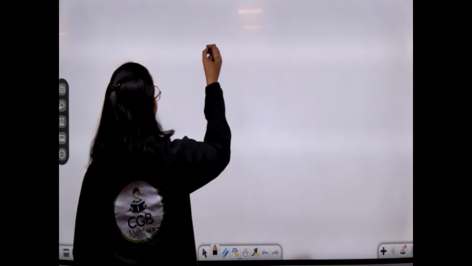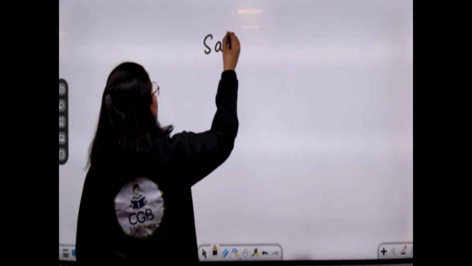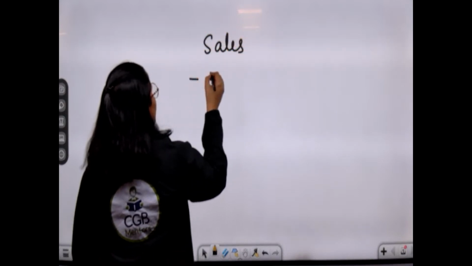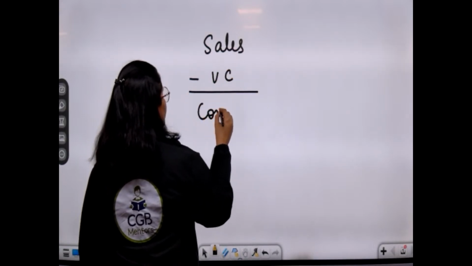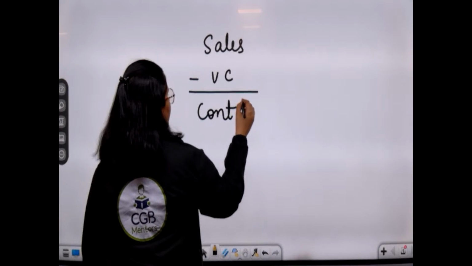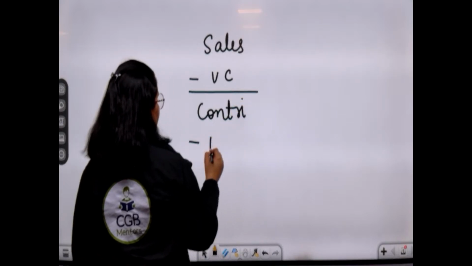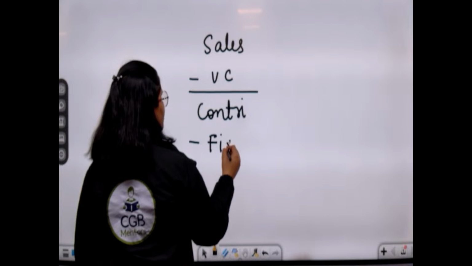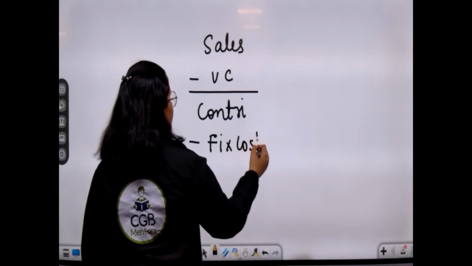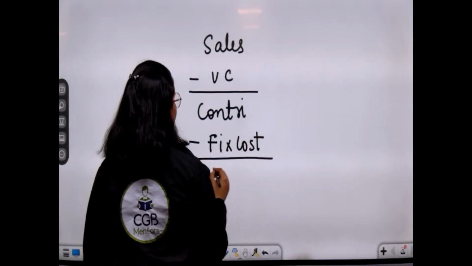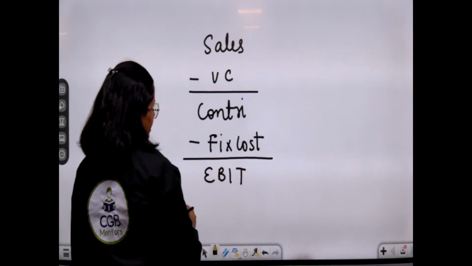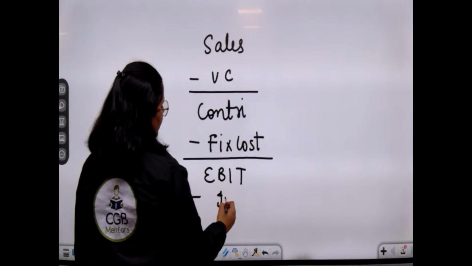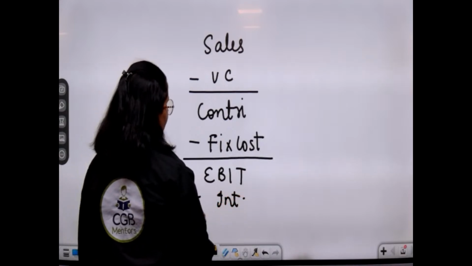Whenever we are going to start the leverage related questions, we have to understand this: sales less your variable cost gives you contribution, right? Contribution less fixed cost gives you EBIT, that is earning before interest and taxes. Then if you deduct interest, you will get EBT.